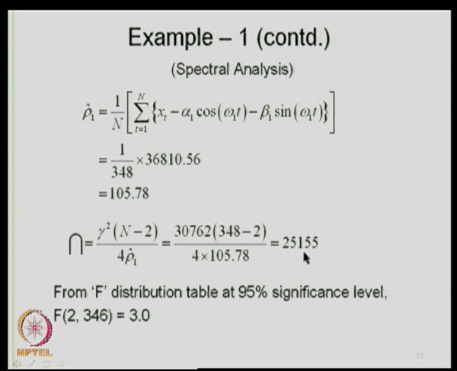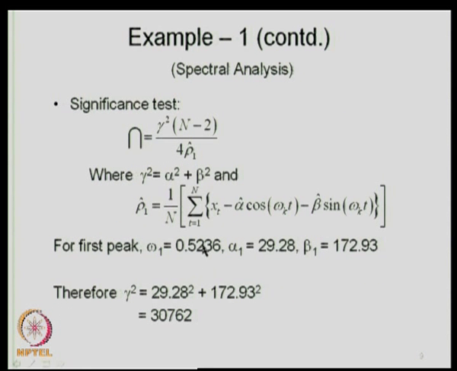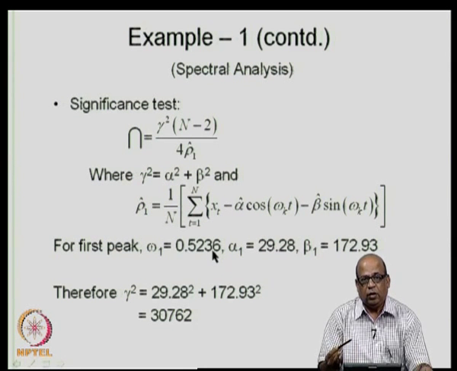So, in this particular case 25,000 is far more than the corresponding F value here for 95% significance level, and therefore, the periodicity corresponding to your value of omega 1 of 0.5236, which corresponds to a periodicity of 12 months, is in fact statistically significant.